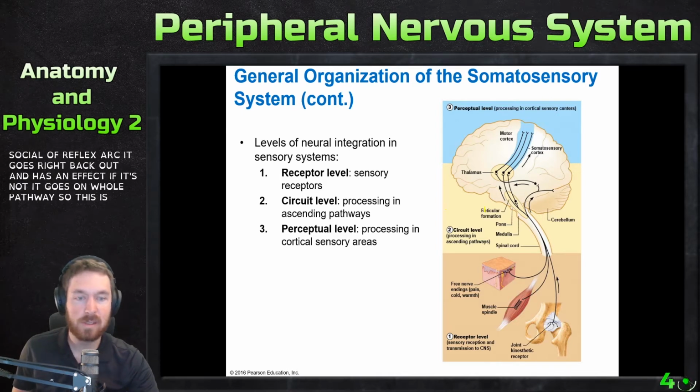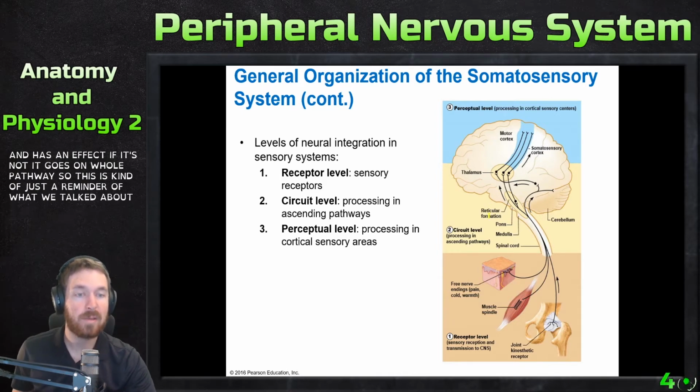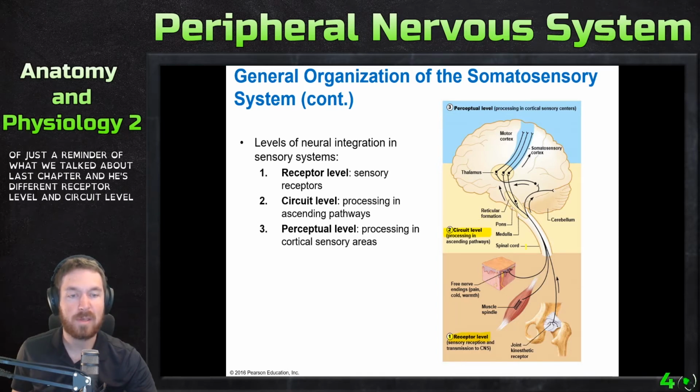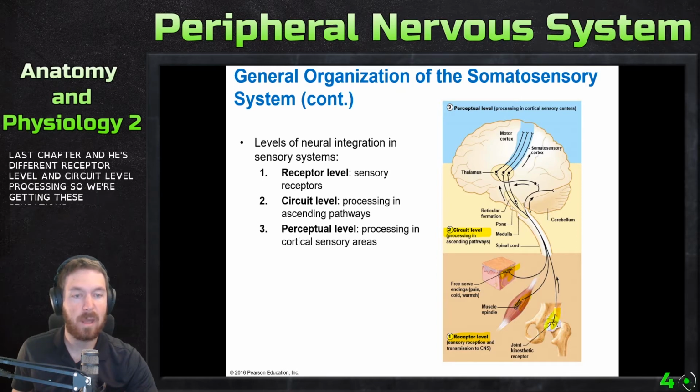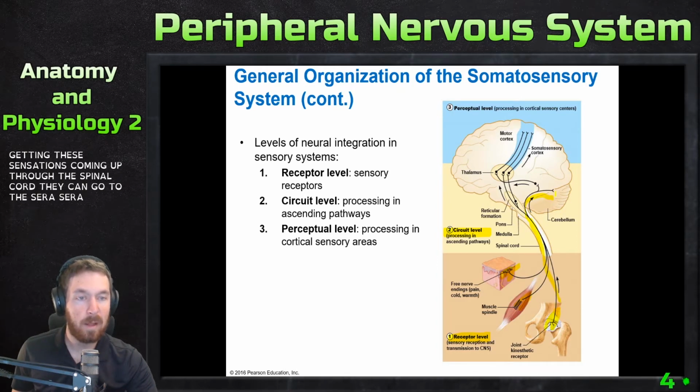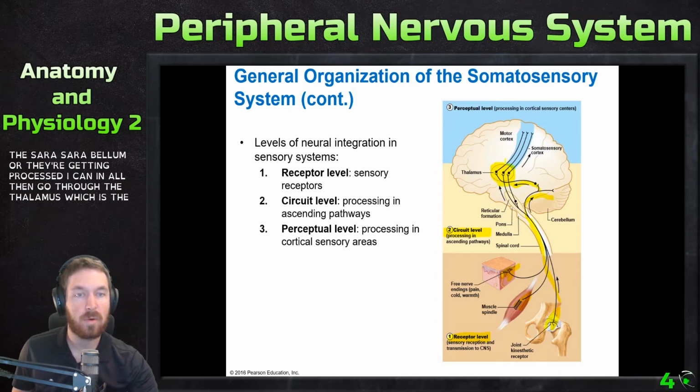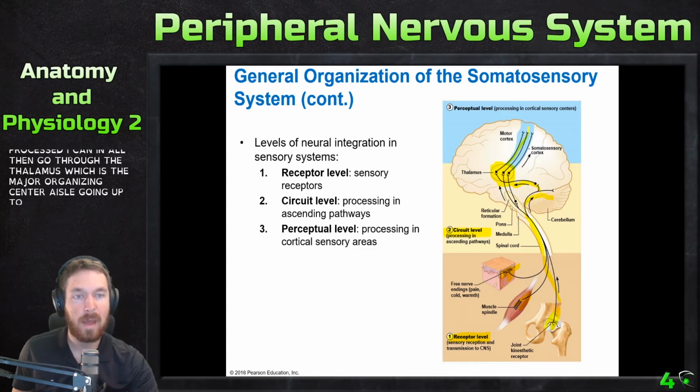So this is kind of just a reminder of what we talked about last chapter in these different receptor level and circuit level processing. So we're getting these sensations coming up through the spinal cord. They can go to the cerebellum where they're getting processed. They can then go through the thalamus, which is the major organizing center, going up to the somatosensory cortex.